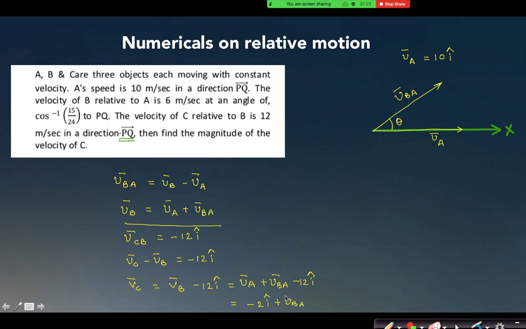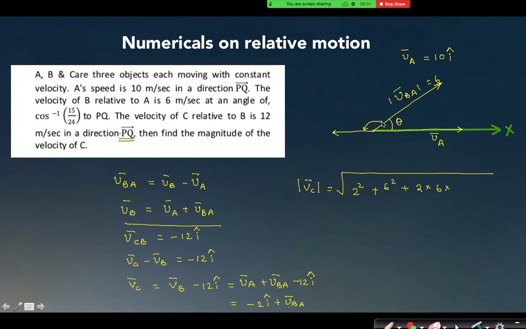If I have to find the resultant of these two vectors, then I can find the magnitude of the velocity of C. Can I say that it is equal to the square root of 2 squared plus 6 squared, because the magnitude of VBA is 6, given in your question, plus 2 into 2 into 6 into cos of the angle between this minus 2 i cap and this VBA vector?